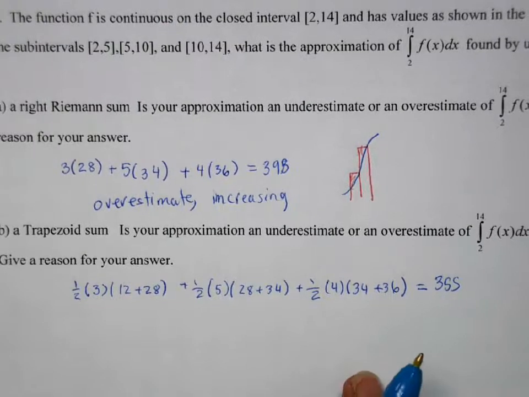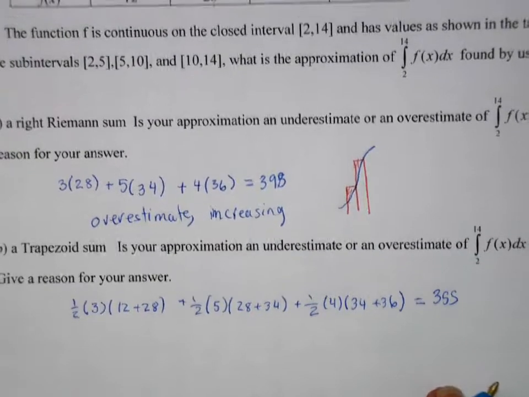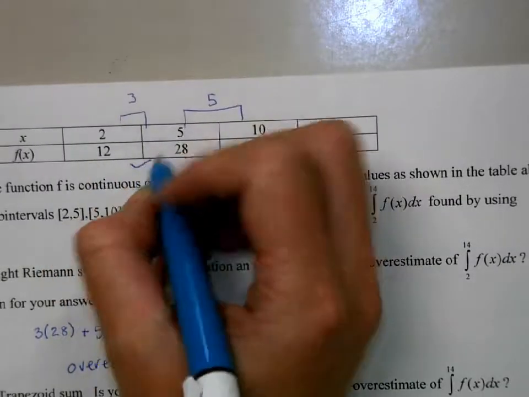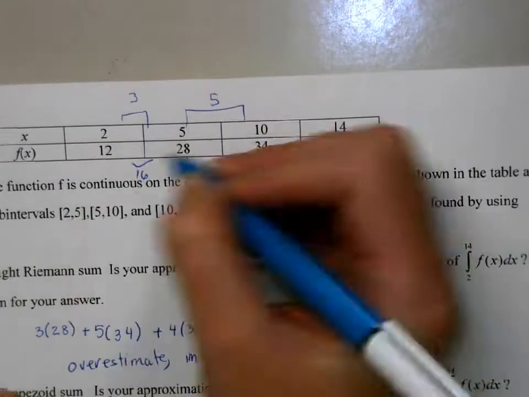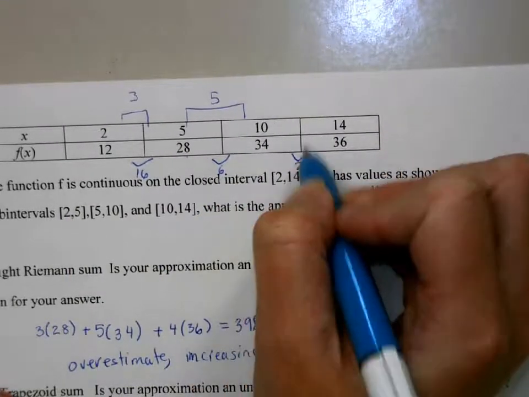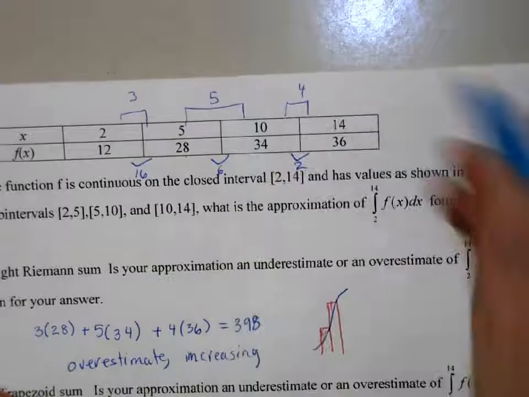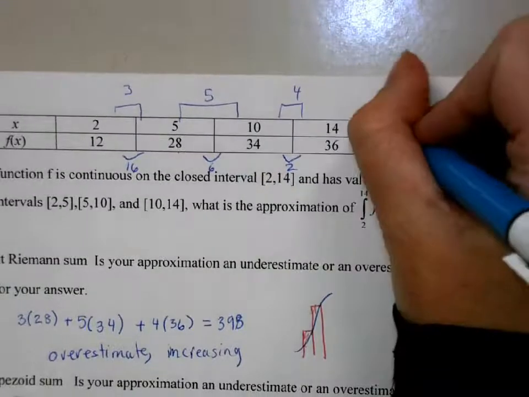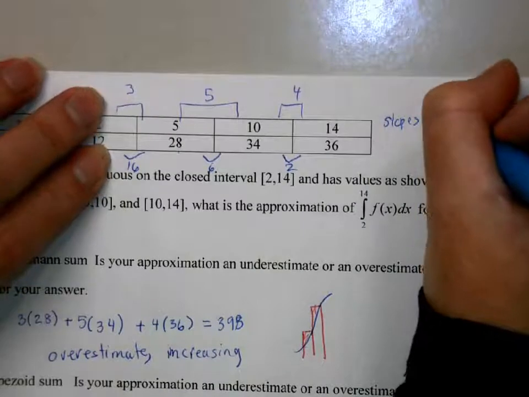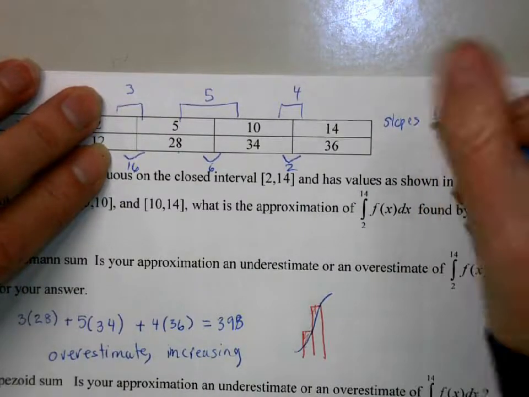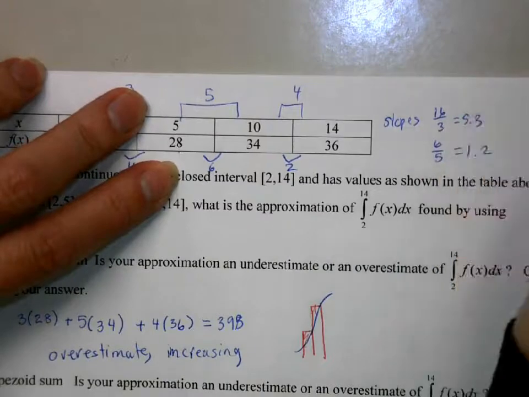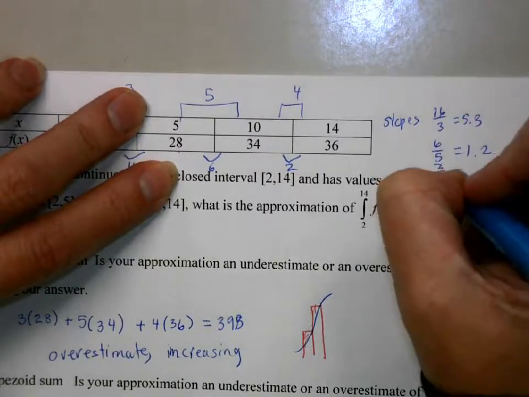Is this an overestimate or an underestimate? So here we want to look at the concavity. So we want to look at, in this chart, this is 16, this goes up 6, this goes up 2, that was 4. So if I look at the slopes, here 16/3 is about 5.3. 6 over 5 is 1.2. 2 over 4 is 1/2.